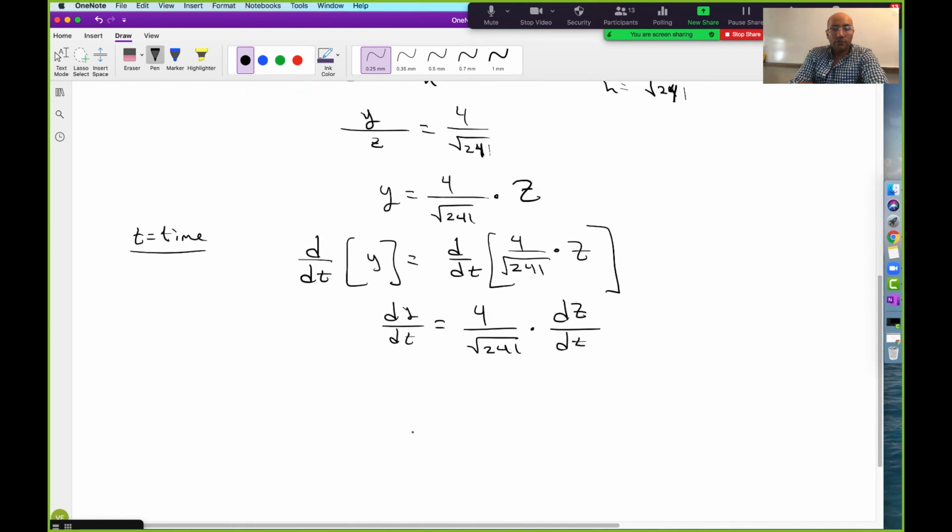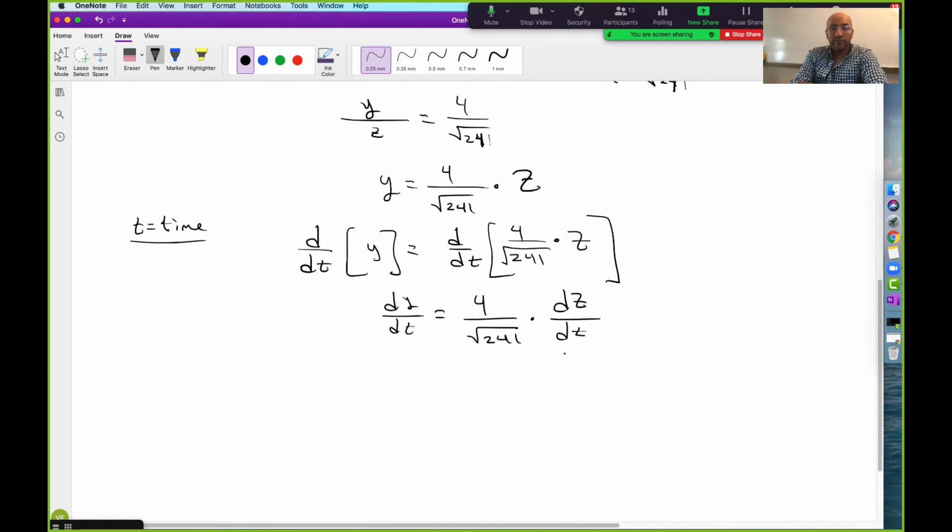Good. So this is 30 feet per second. So we just put a 30 in there. dy dt would be equal to 4 over root 241 times 30. dz dt equals 30 feet per second.